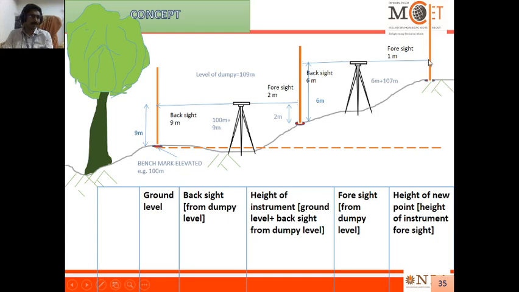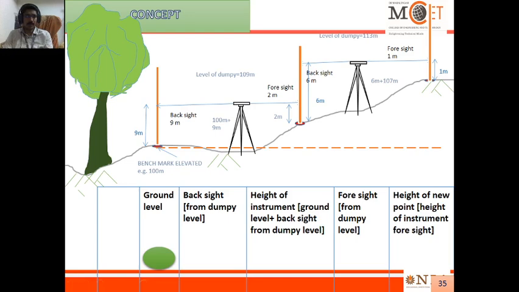Now we have taken the reading over this station. It is 1 meter, but we require the elevation of this point, so this 1 meter has to be deducted. So 113 minus 1 becomes 112.